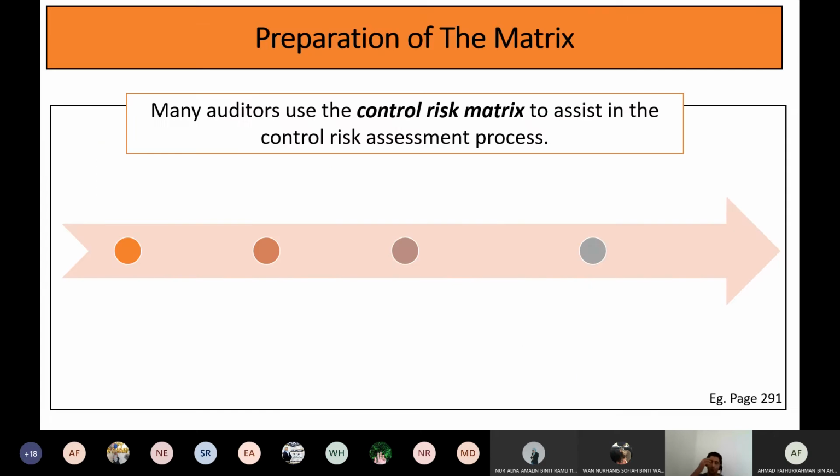We will discuss in detail how we create the control risk matrix. Remember, this learning objective 5 is about connecting the control assessment process with the audit objectives.